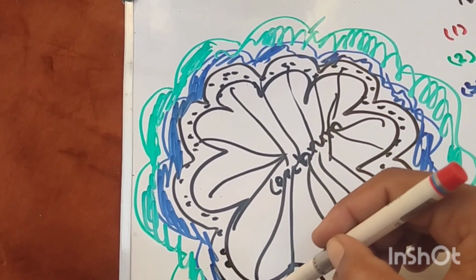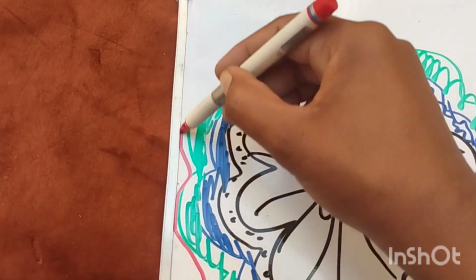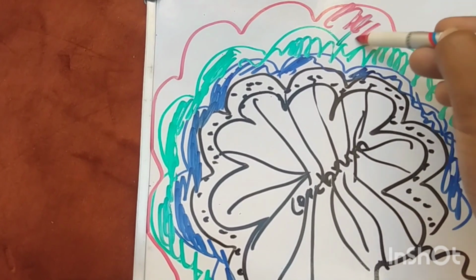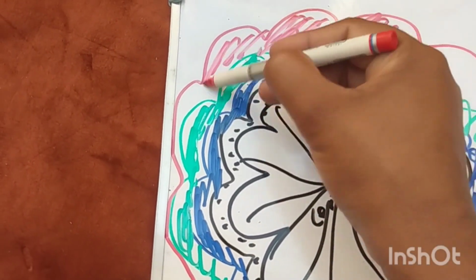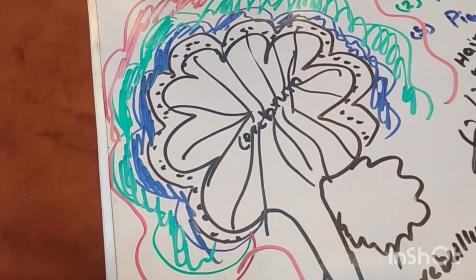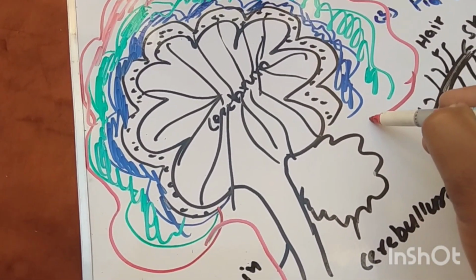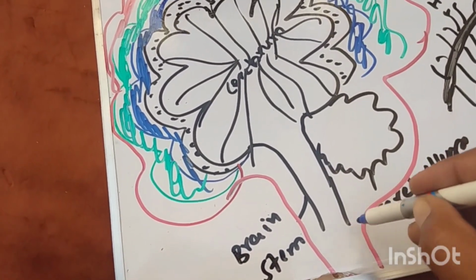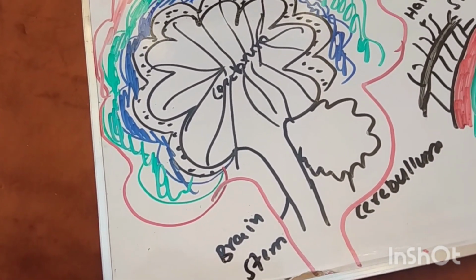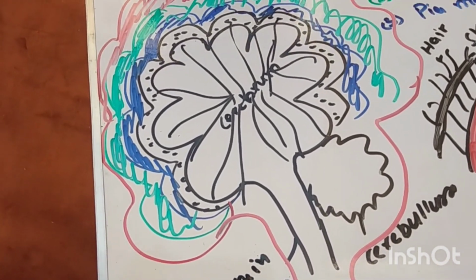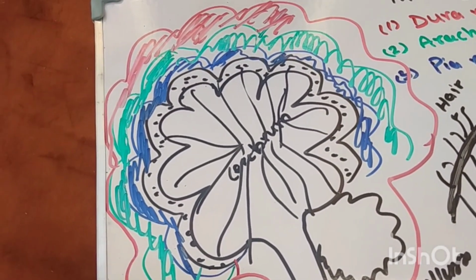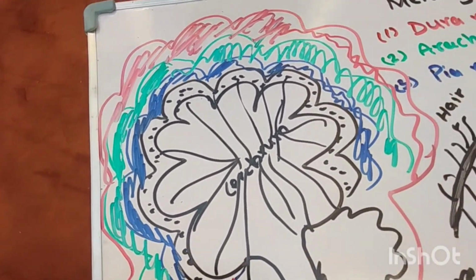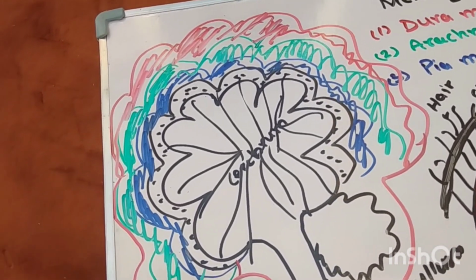The last layer is the dura mater. Dura mater is the uppermost layer and is continuous with the spinal cord. Above the dura mater, our skull starts.